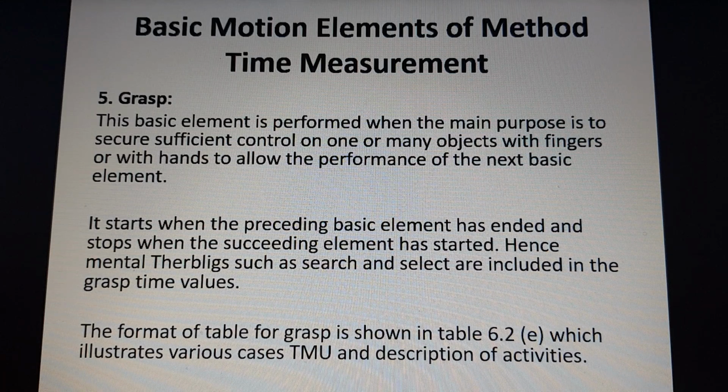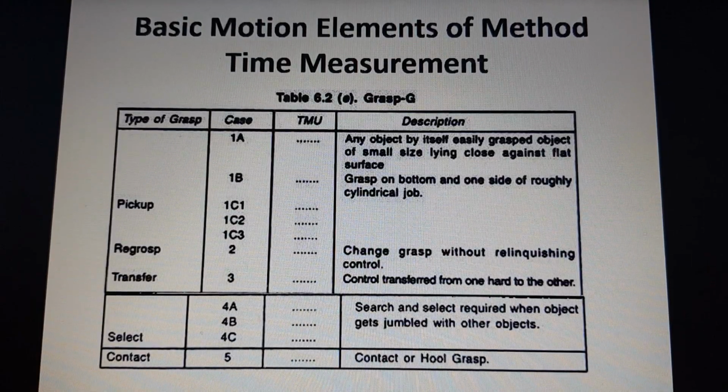The format of the table for grasp is shown in the following table, in which we see the TMUs and the description of the activities. Here we have the type of grasp: a pickup, a regrasp, or a transfer. Also select and contact. Depending on the type of case, it has a certain description.